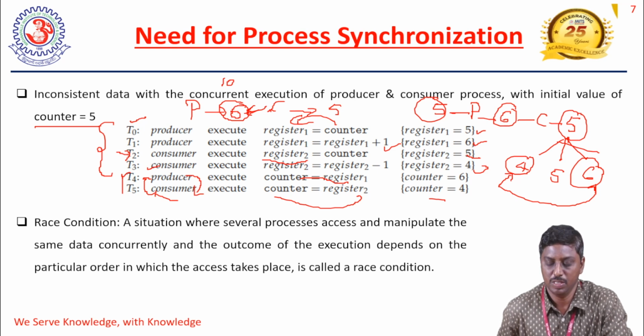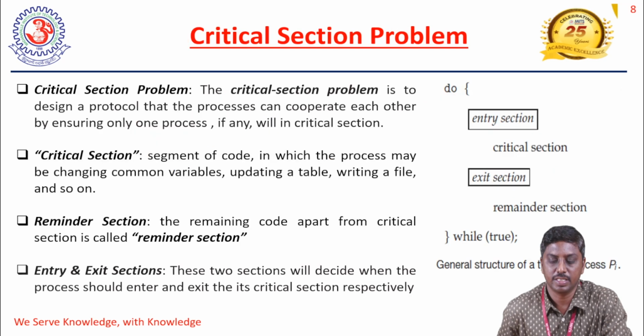Clear, right? So now we'll define what the critical section problem is. The critical section problem is to design a protocol so that the processes can cooperate with each other by ensuring only one process, if any, will be in the critical section.